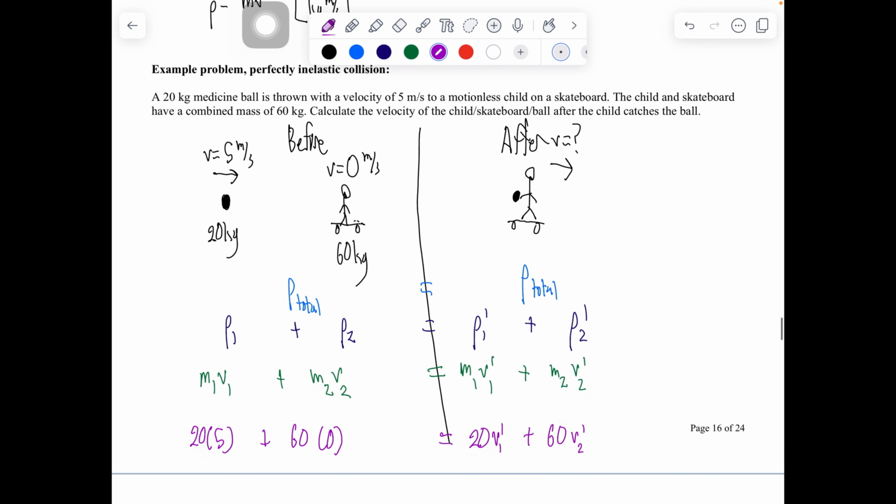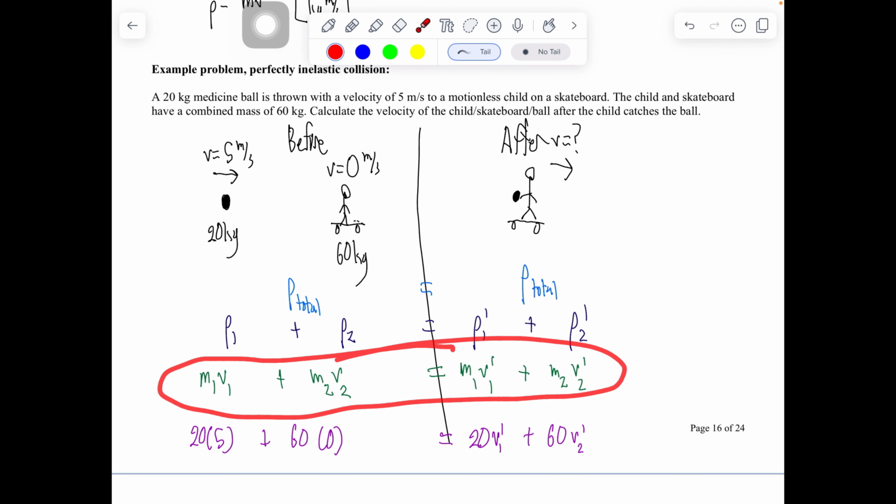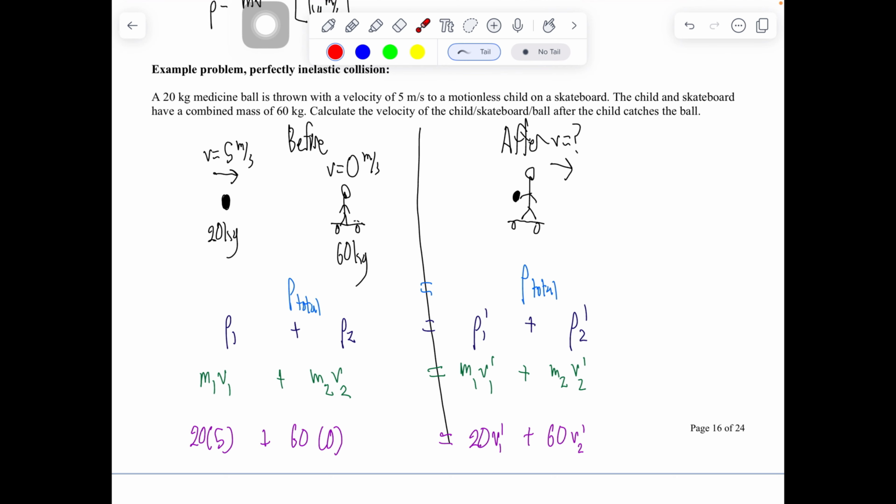When you have a perfectly inelastic collision, your setup is the same. We still end up with this big equation, m1v1 plus m2v2 equals m1v1 prime plus m2v2 prime. Just total momentum before equals total momentum after. The special case is when the objects stick together. They hit and they stick and they travel as one together.